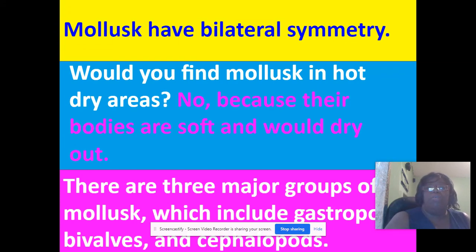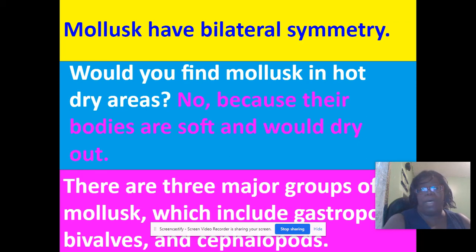So mollusks have bilateral symmetry. Would you find mollusks in hot, dry areas? No, because their bodies are soft and would dry out. Keep in mind there are three major groups of mollusks, which include gastropods, bivalves, and cephalopods. Pod meaning foot. We remember that when we studied the amoebas and the parameciums and the euglenas, the amoeba had the pseudopod, which means pod means foot.